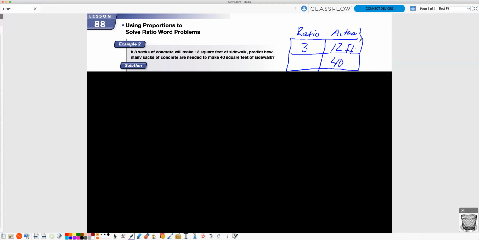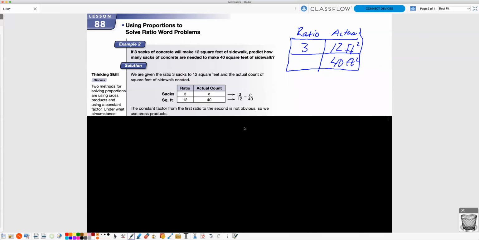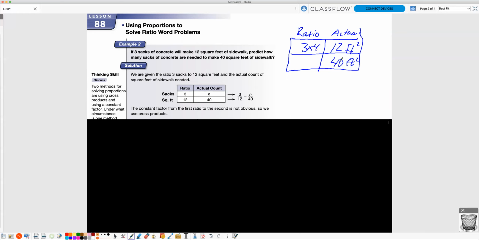So this would be feet squared. This would also be feet squared. And this is the unknown amount. So how many sacks? So in this case, you can see they used it slightly different here. If we were given the ratio of 3 to 12, I can still find the answer to this unknown here by taking 3 times 4, and 40 divided by 4, this would have to be times 4.